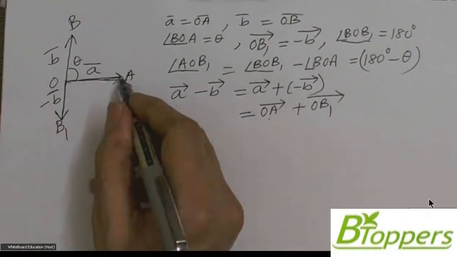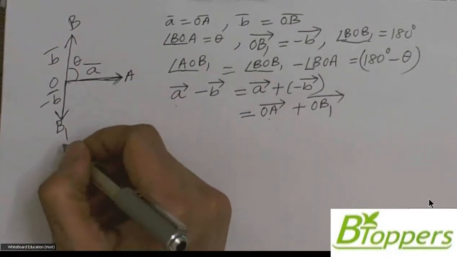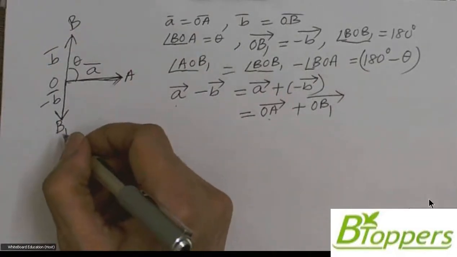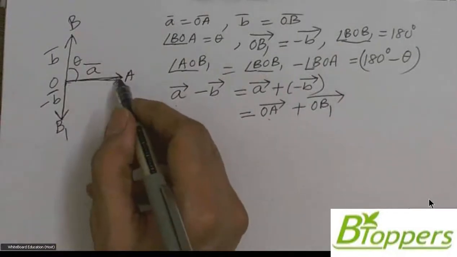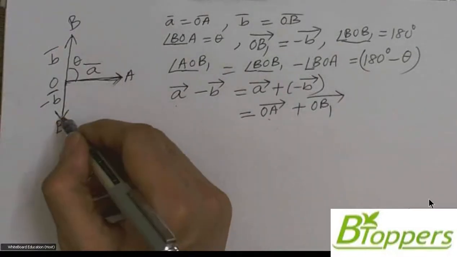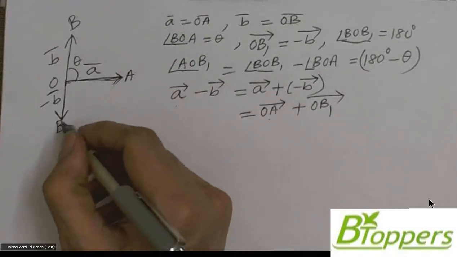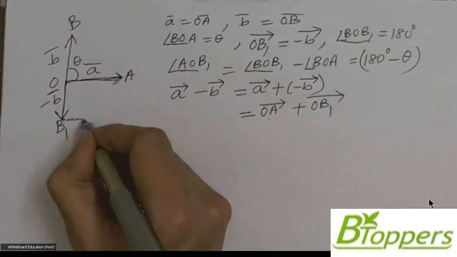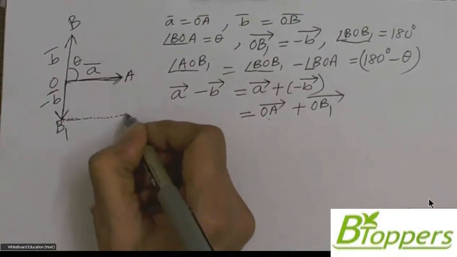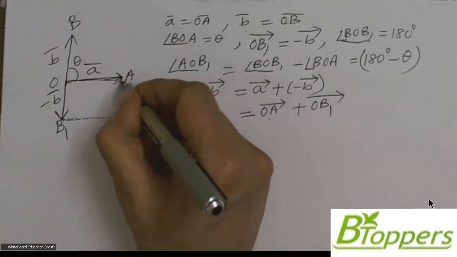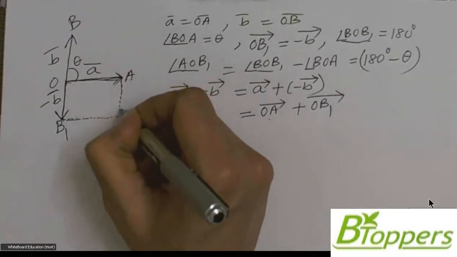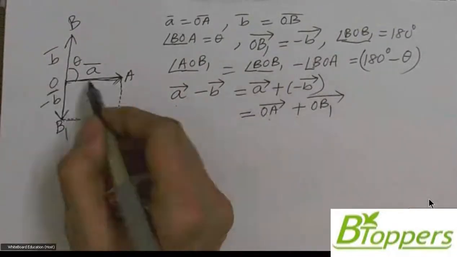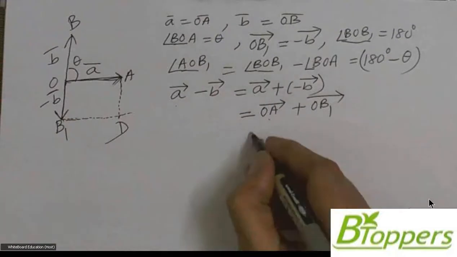And to find the vector sum of OA bar and OB1 bar, you can complete the parallelogram with the lines OA and OB1 as the adjacent sides. Draw a line parallel to OA through the point B1. Draw a line parallel to OB1 through the point A. So OADB1 is a parallelogram.